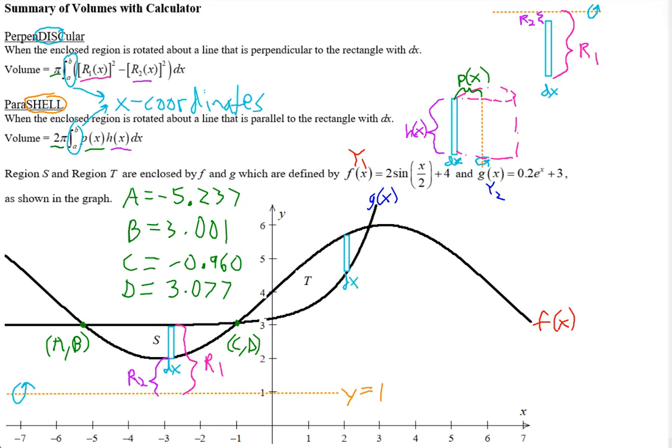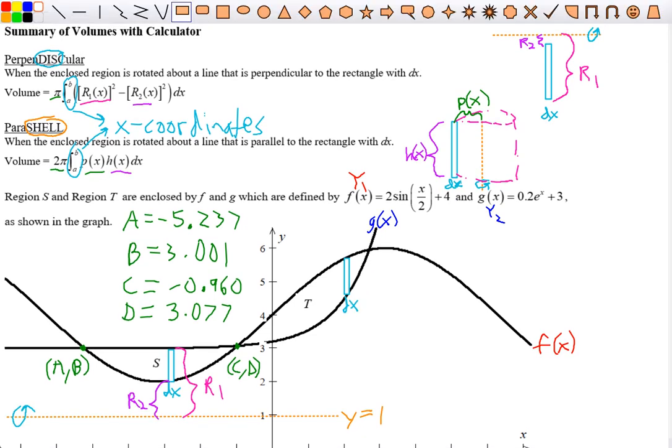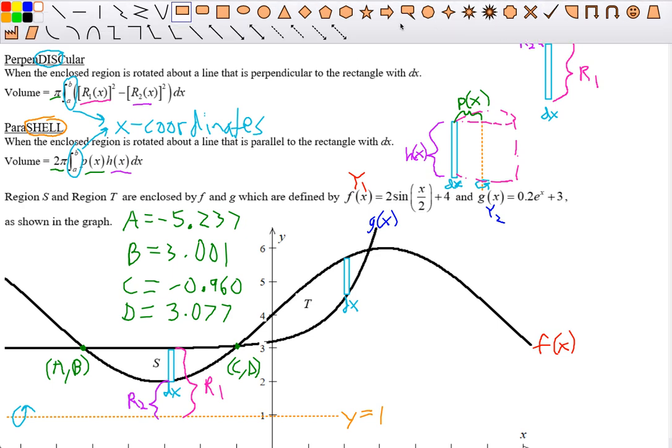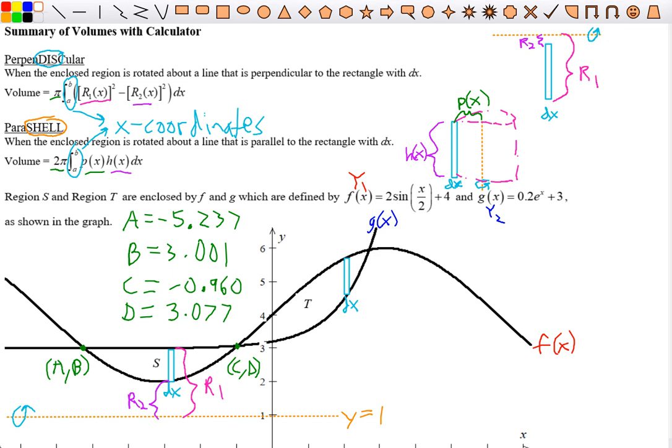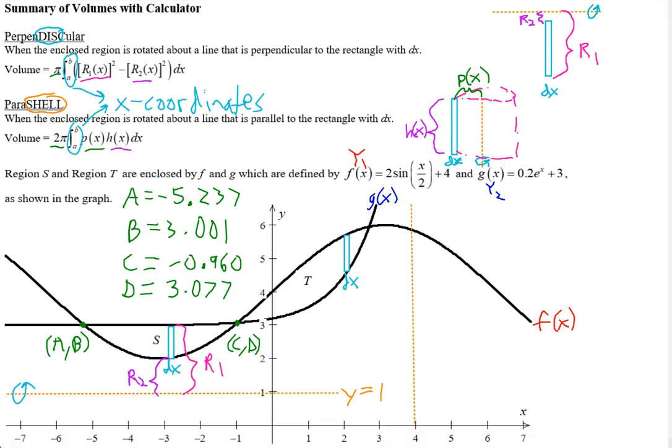And this time we're rotating, I'll draw this as a dotted line, about x equals 4, which is a vertical line right here. So now look, the axis of revolution and the rectangle are parallel, so think para-shell.